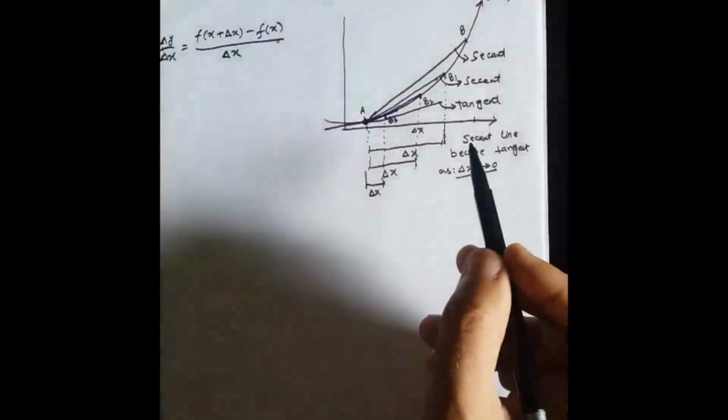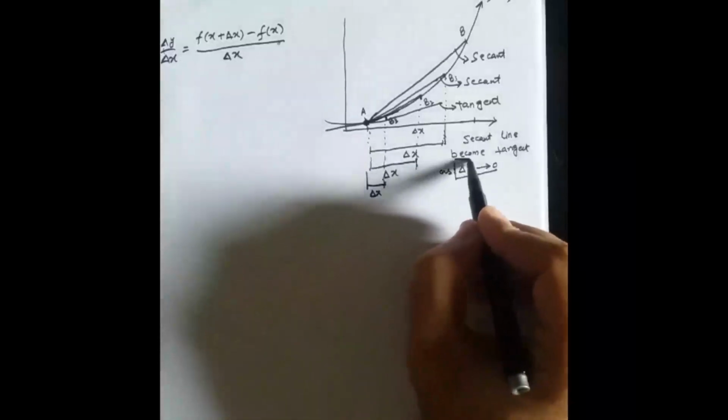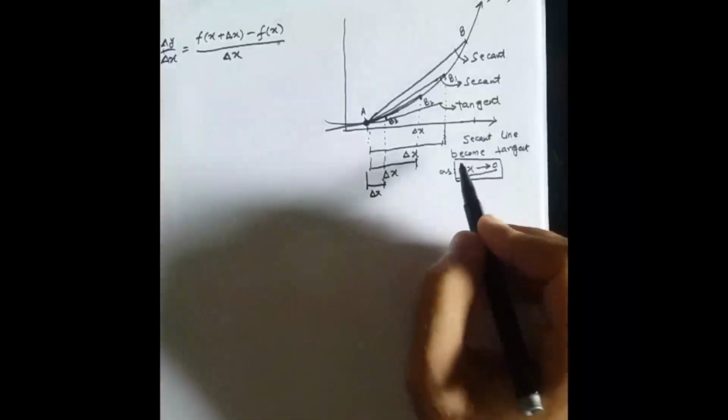So for the tangent line, the only condition is that delta x approaches 0.